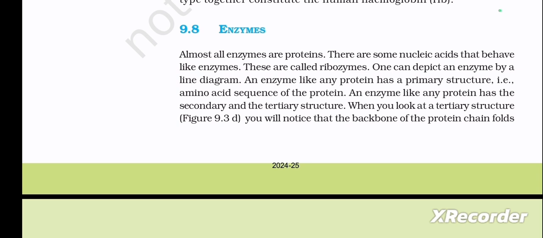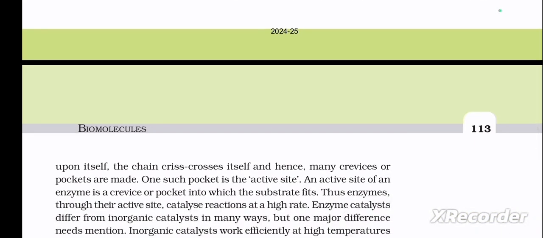An enzyme, like any protein, has a primary structure, that is, amino acid sequence of a protein. An enzyme, like any protein, has a secondary and the tertiary structure. When you look at the tertiary structure, figure 9.3d, you will notice that the backbone of the protein chain folds upon itself.